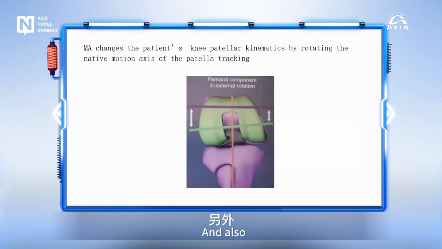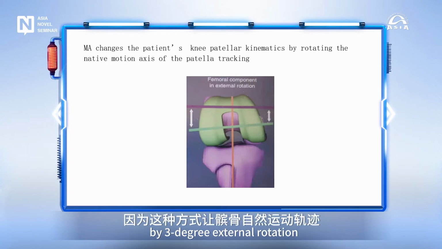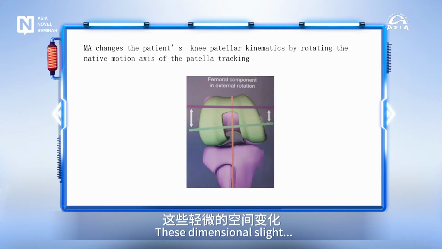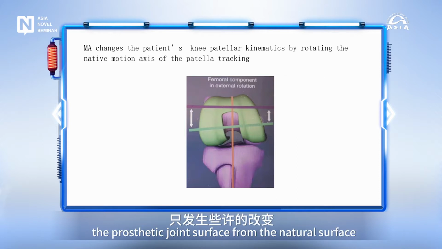Also, MA TKA changes patellar kinematics by a 3-degree external rotation of the natural motion axis and patellar tracking. These changes come from even slight differences between the prosthetic joint surface and the natural surface.